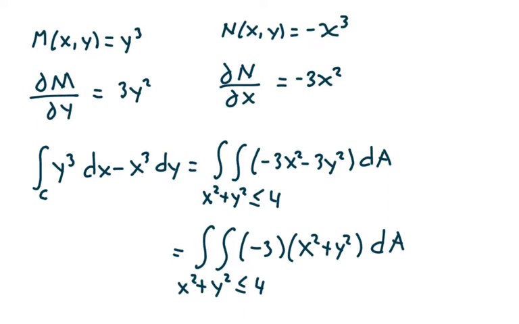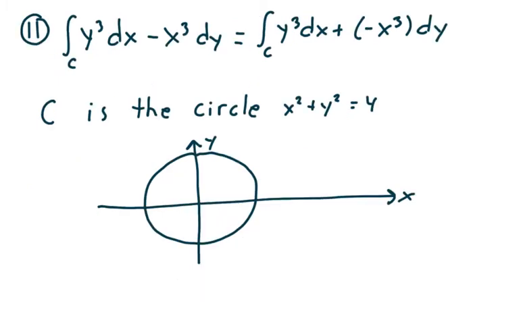So if I take the integral over c of y cubed dx minus x cubed dy, that's the double integral over x squared plus y squared less than or equal to 4. So I'm integrating over everything inside the circle here. Okay, everything.